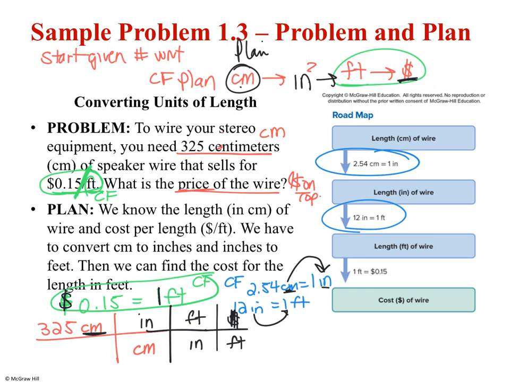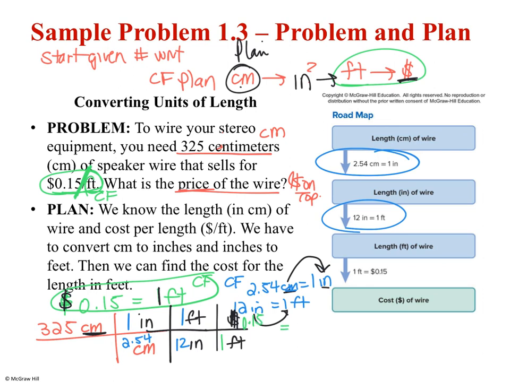So for centimeter, 2.54 goes with centimeter. You want to make sure that you don't have this in reverse order, or it'll be wrong. And then 12 goes with inches, and 1 goes with foot, and then 1 goes with foot, and 0.15 goes with dollar sign.